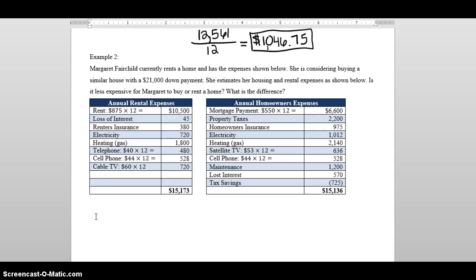So, when we're looking for which one is more expensive or less expensive and the difference, the first thing we need to do is find the annual cost of renting. We've already done that, which is a total of $15,173.